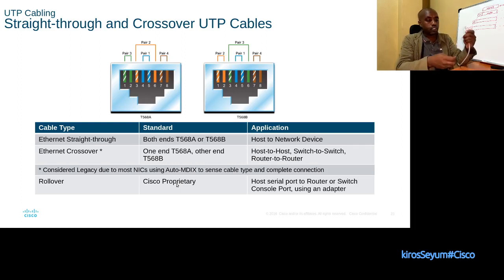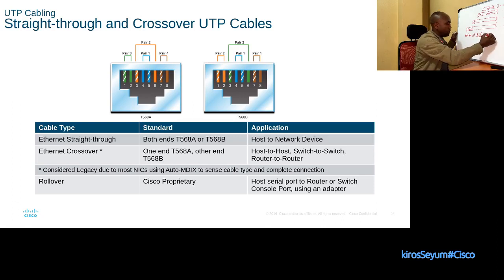So what we do is, you see, we have colors. If I want, for example, the A side, the first one is green striped, green, and then orange striped, and blue, striped, and then orange without stripe, and then you have brown striped and brown solid.